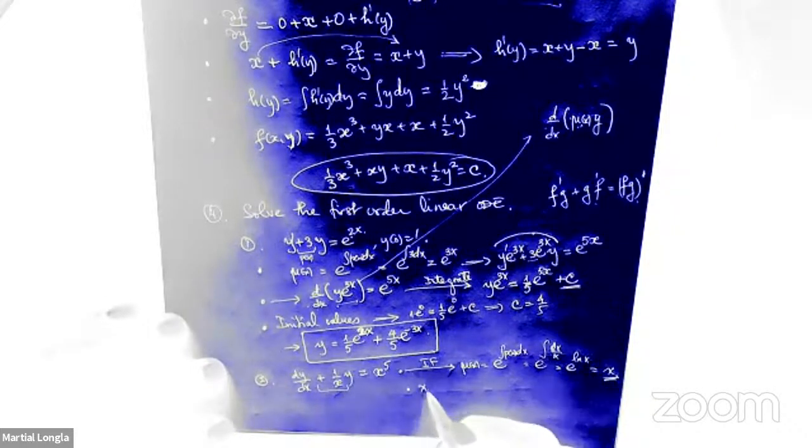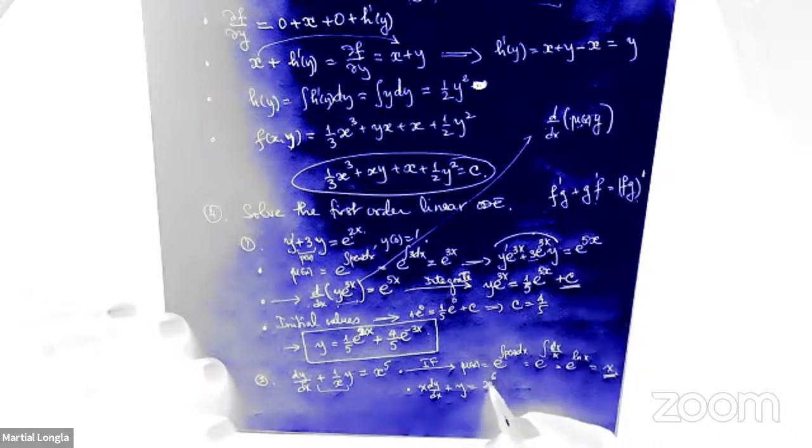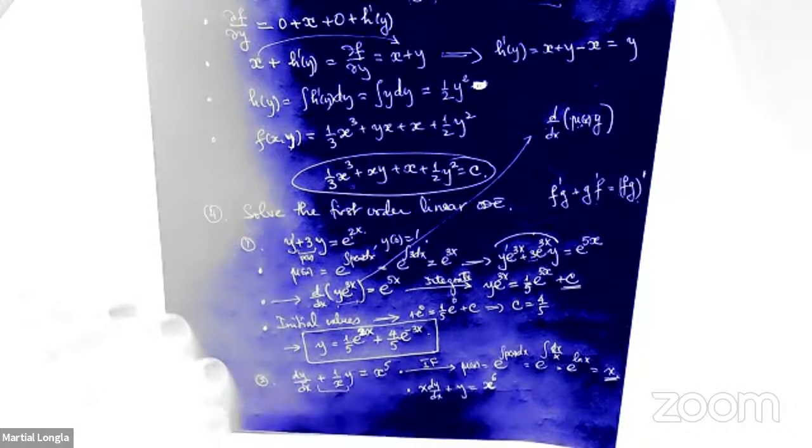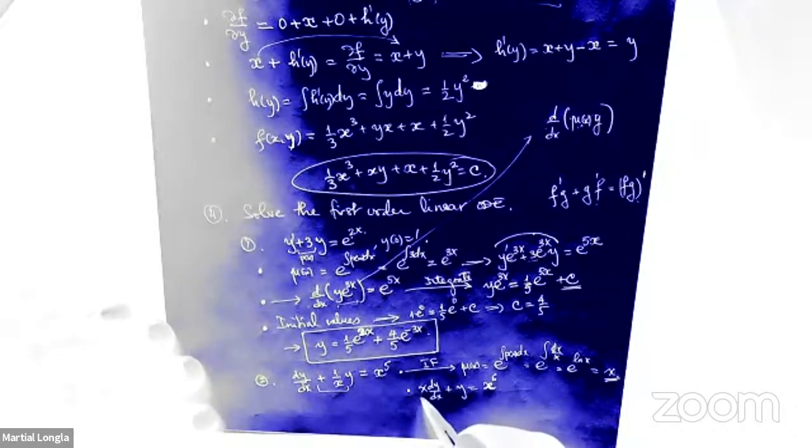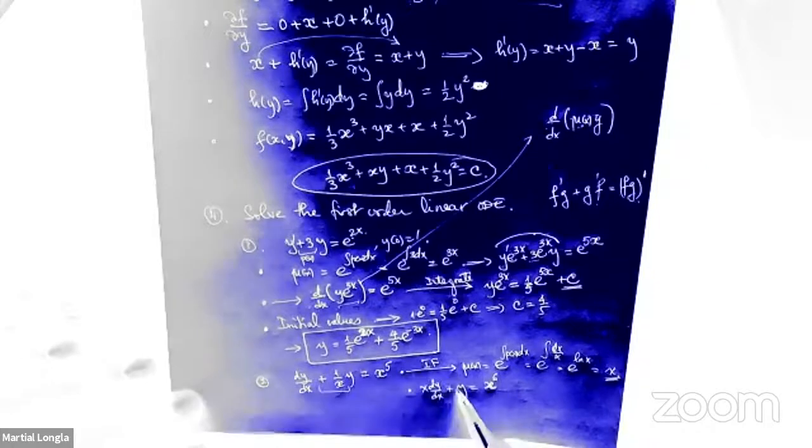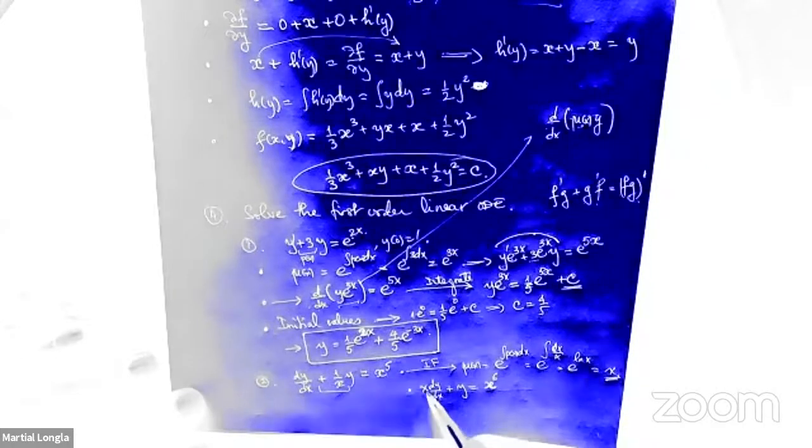So we get x dy over dx plus y equals x to the 6. So we multiply throughout. And now, as we were saying in the previous one, look here, the derivative of this x is 1. So this is the product rule for x times y.